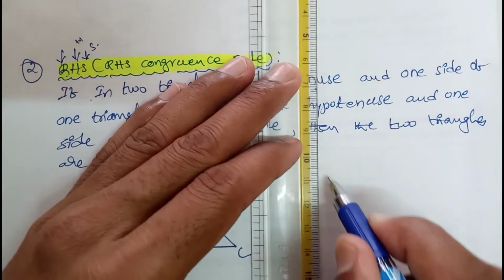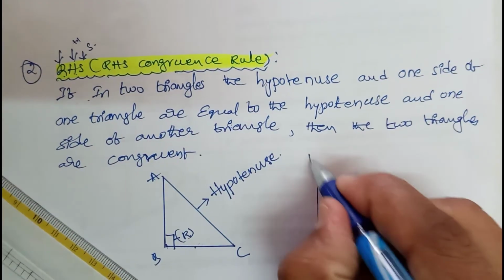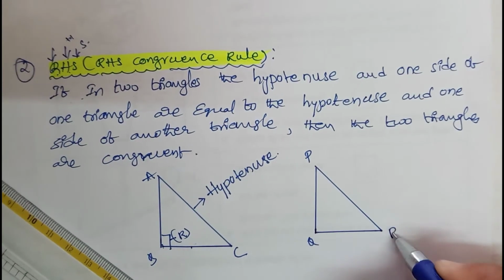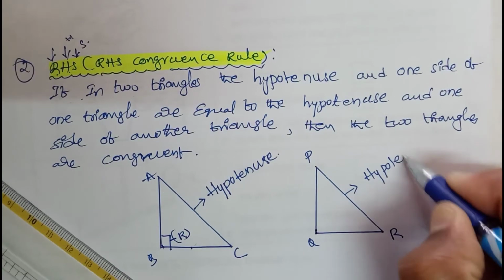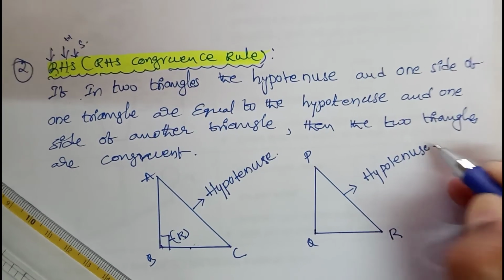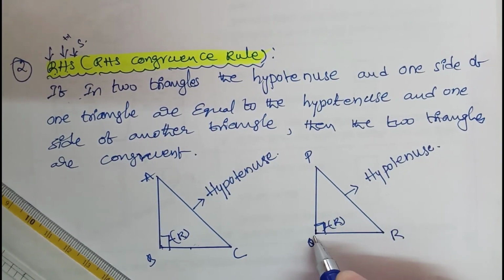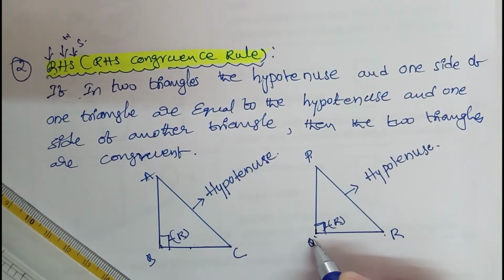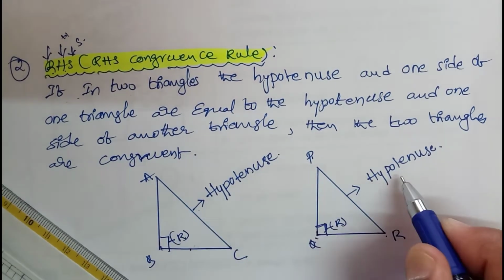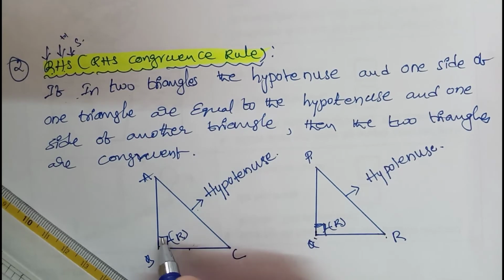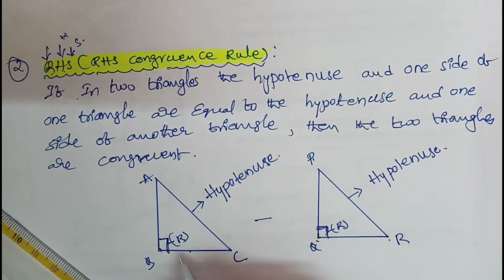One more triangle is PQR. PR is hypotenuse. Right angle at Q, then the sides are QR, PQ. So if any one side and the hypotenuse are equal, and these two triangles are right angle triangles, then we can justify these two triangles are congruent.